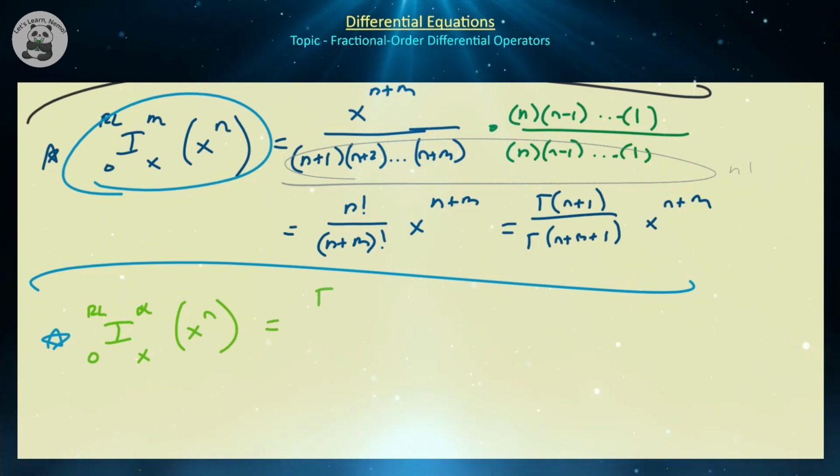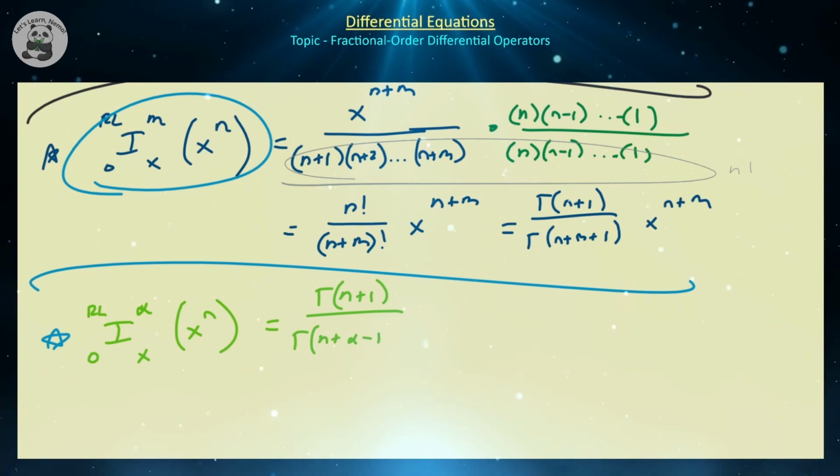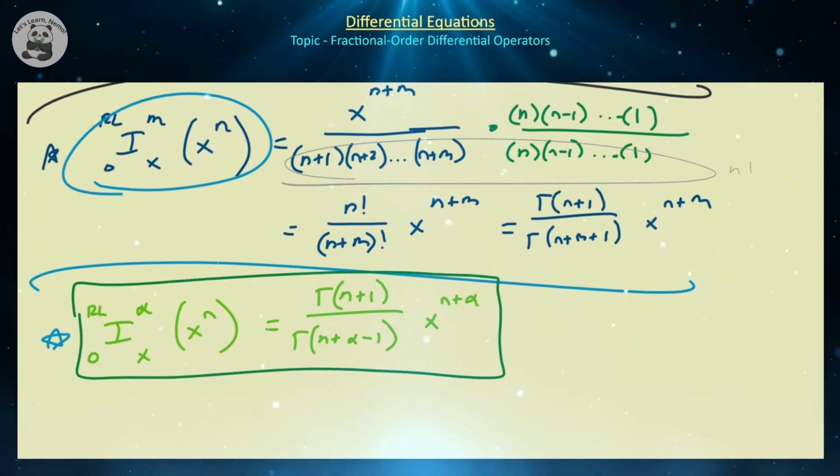This is just going to be equal to gamma of m plus 1 all over gamma of, no, that should be m plus alpha plus 1, not alpha, times x to the m plus alpha. So this would be the power rule for Riemann-Liouville fractional integrals, and it should be noted that this is only valid for alpha bigger than 0.